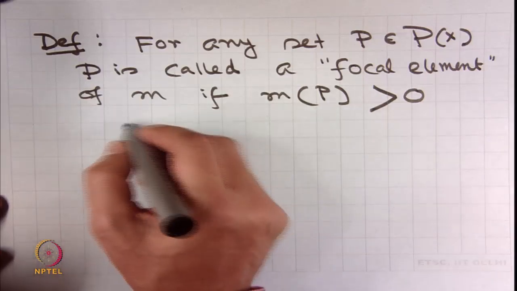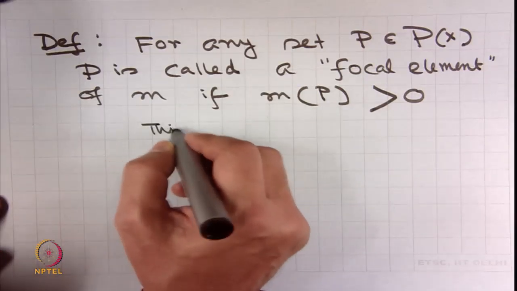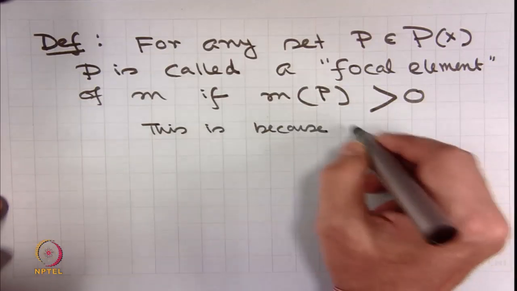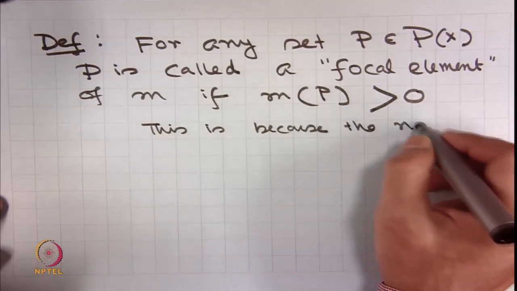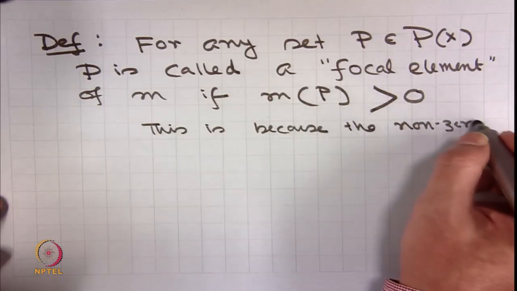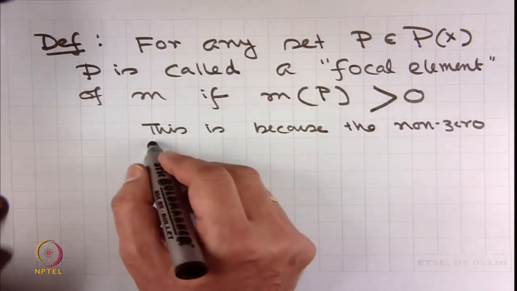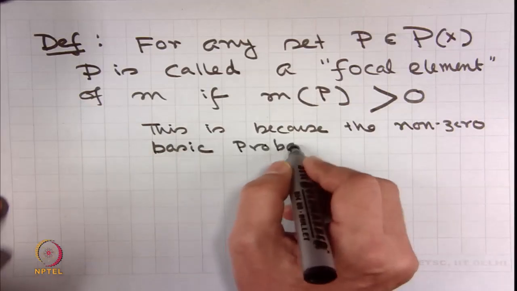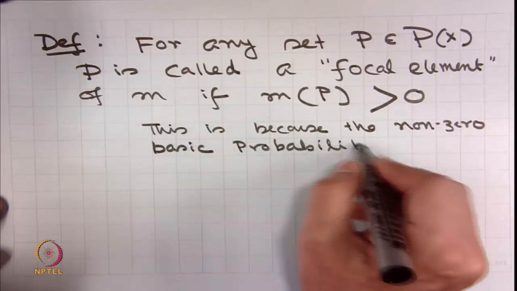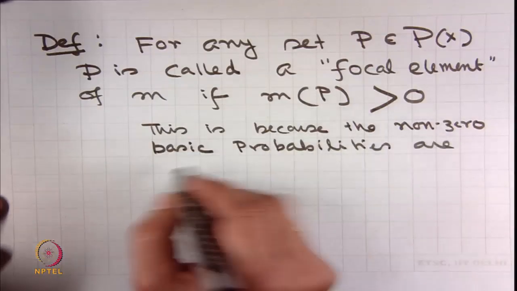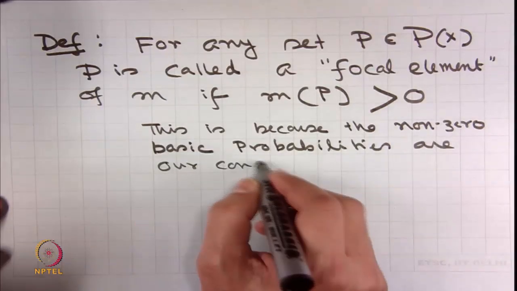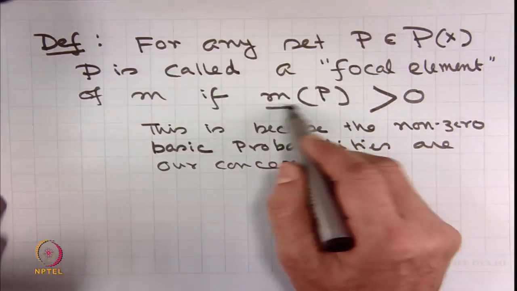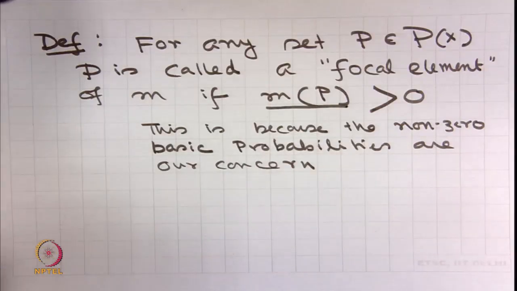This is because the non-zero basic probabilities are our concern. Therefore, we will focus only on those for which M P is greater than 0.